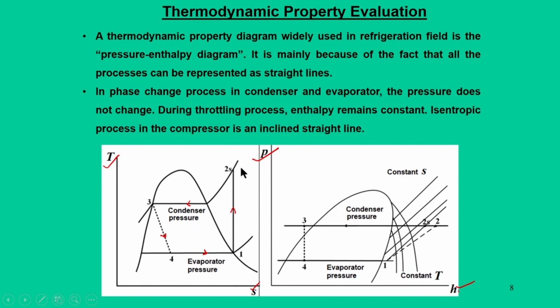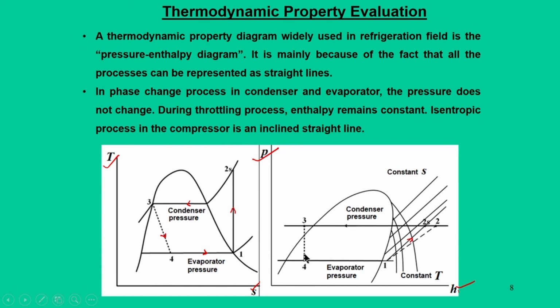Now, if you come back to the pressure-enthalpy diagram, the process 1 to 2s, which was a vertical straight line, now becomes an inclined straight line, as you can see in the P-h diagram. And of course, 2s to 3 is a constant pressure process, so you can draw a straight line from 2s to 3, and 3 to 4 is again a constant enthalpy process.